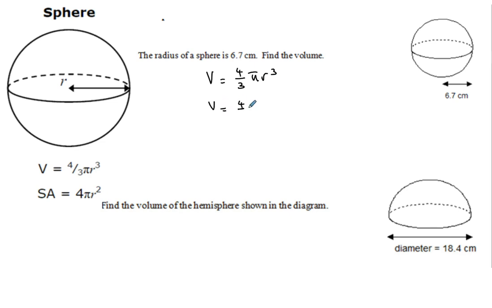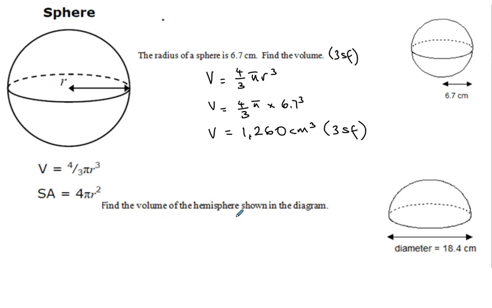So you've got 4/3 pi times 6.7 cubed, and you get a volume of 1,260 centimeters cubed, to 3 significant figures. Okay, as easy as that.